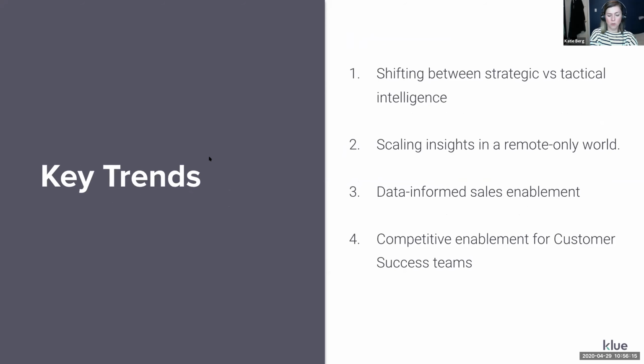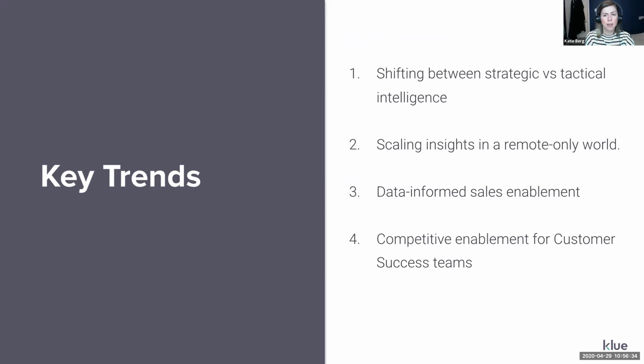Okay, so that sort of ends the 4 key trends that we wanted to talk about today. Just to summarize what we went over, we started with talking about shifting between strategic versus tactical intelligence and the importance right now of collecting information on your markets.